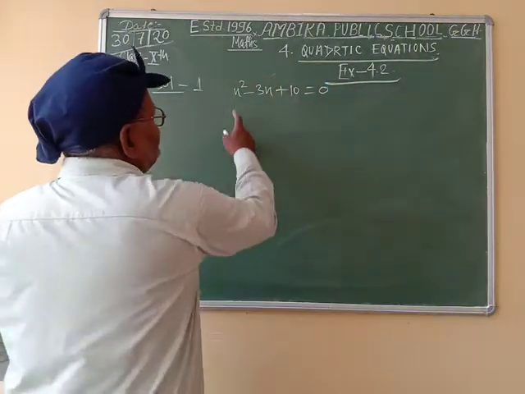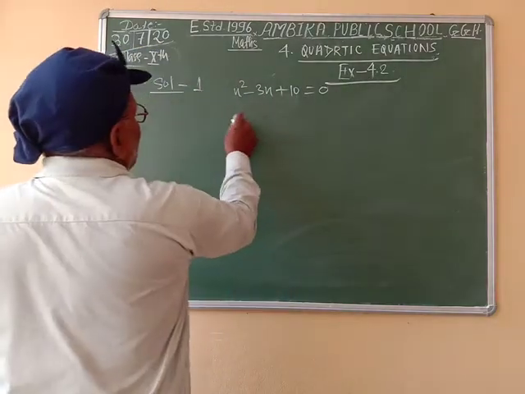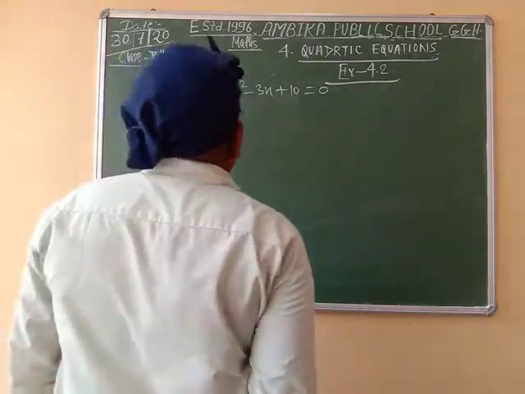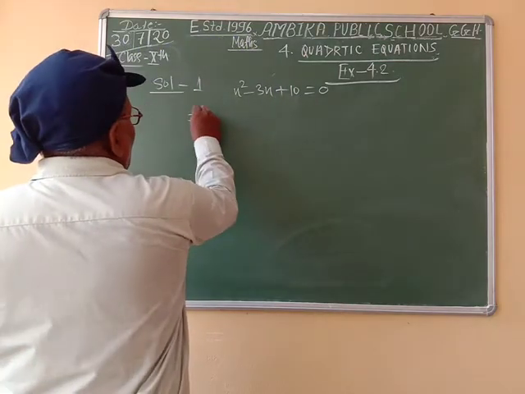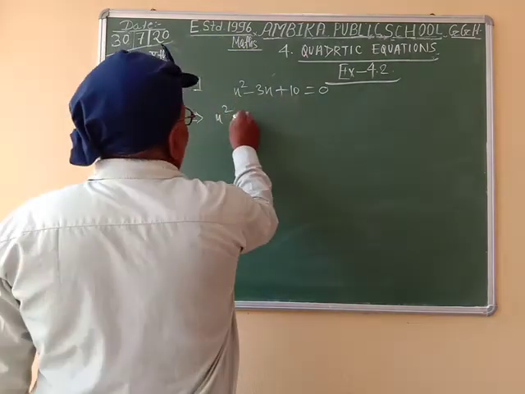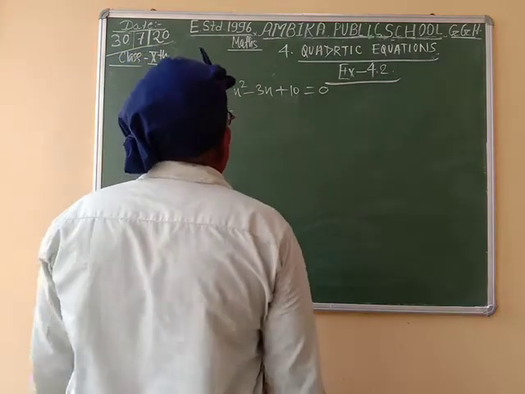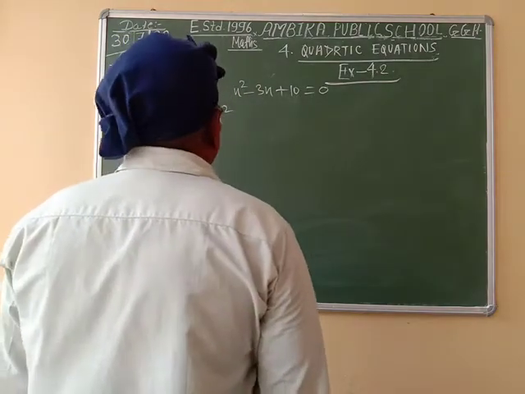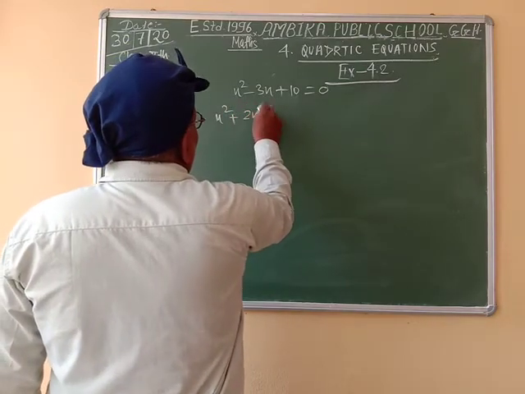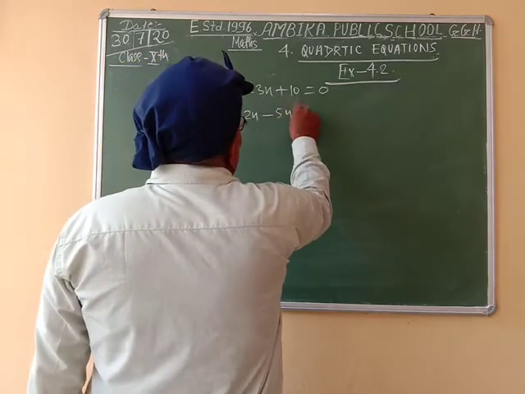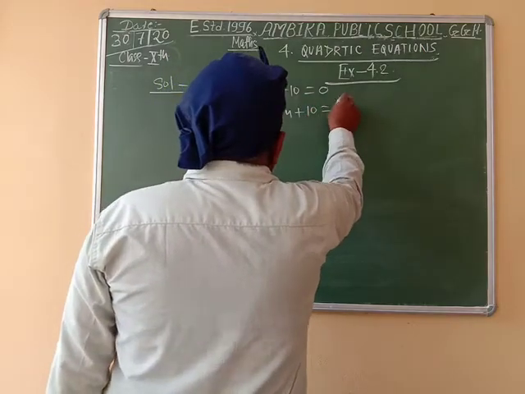Here we can write x square minus 3x plus 10 is equal to x square plus 2x minus 5x plus 10 is equal to 0.